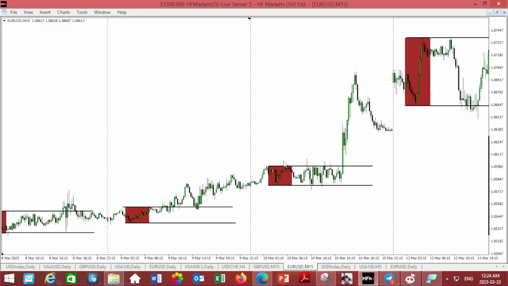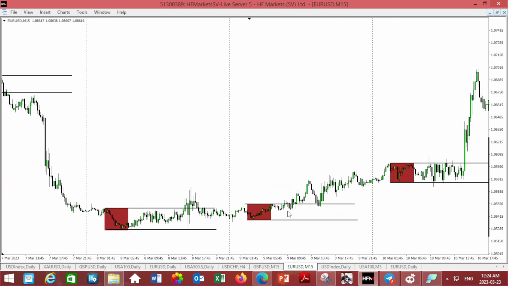They have absorbed the liquidity above and below the range, and then they wait for the news, and then boom, they just explode. You can see how this range is affecting the future prints of price. And then, yeah, just repeating the same thing over and over again.